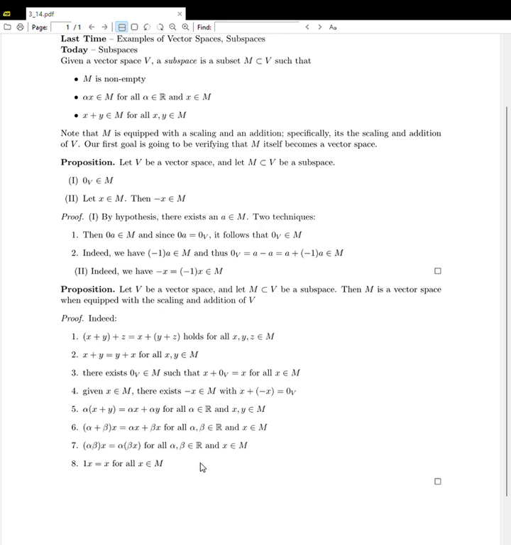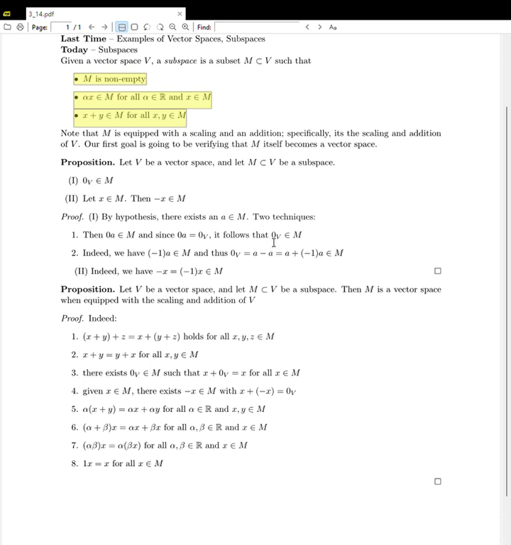We now have access to the following. If you've got a subset with these various properties, scaling closure, addition closure, and being a non-empty set, then congrats, you've got a vector space. So if you want to create new vector spaces, look at a vector space that you already know you have access to, then you only need to check 3 axioms that will verify that you are a vector space.